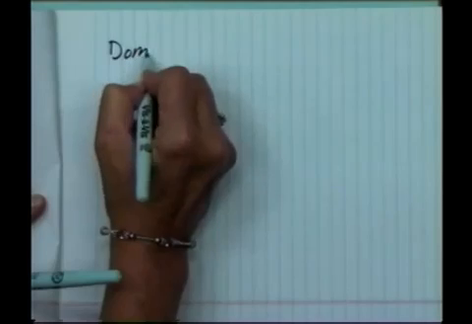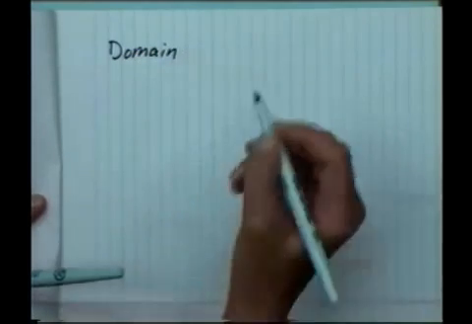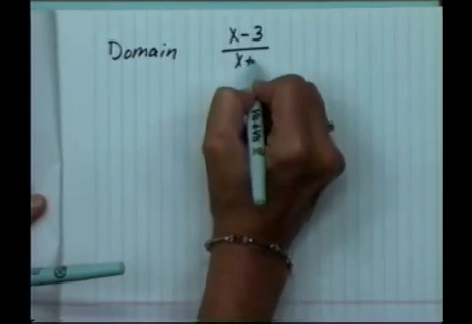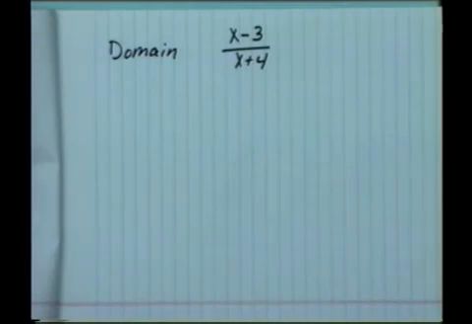Number 3 is talking about the domain of the expression x minus 3 over x plus 4. It says the domain of the variable. Remember, the variable is something that varies, and that's your unknown. So x is your variable.